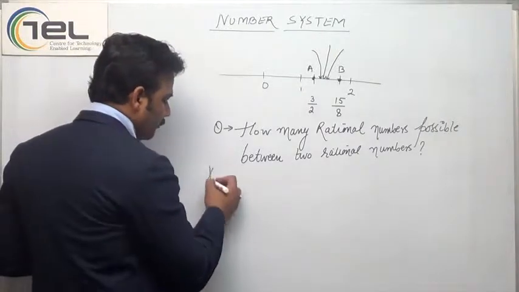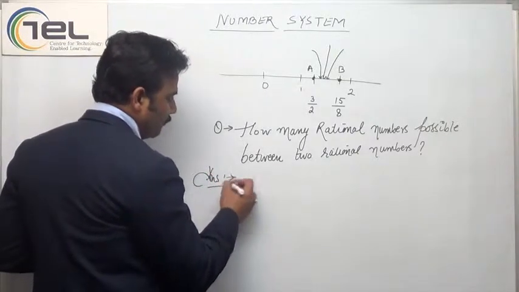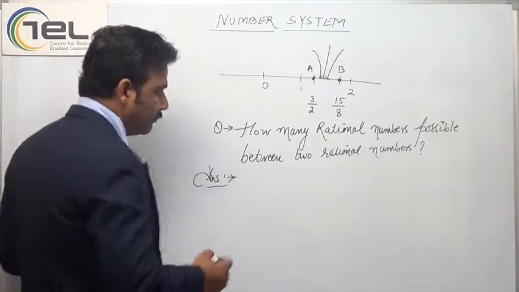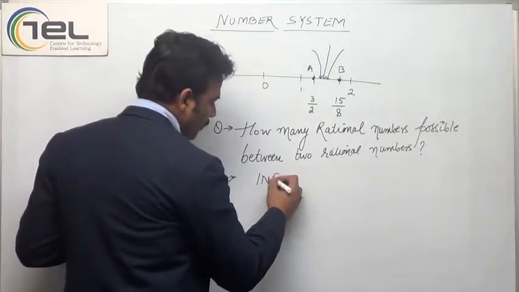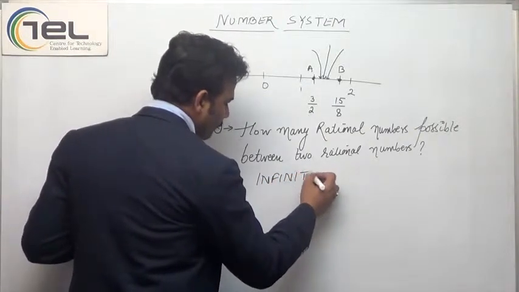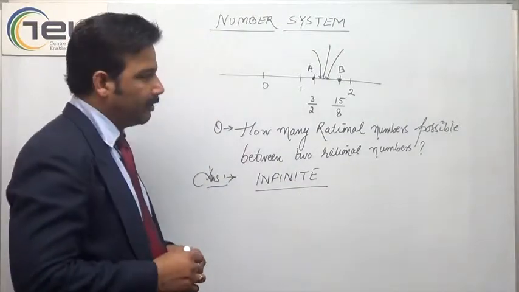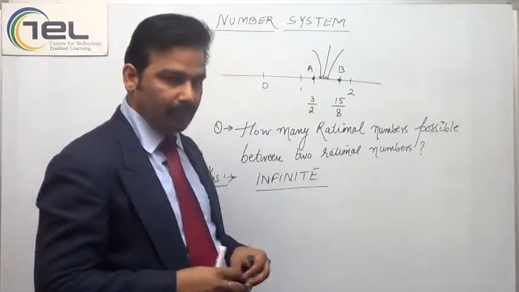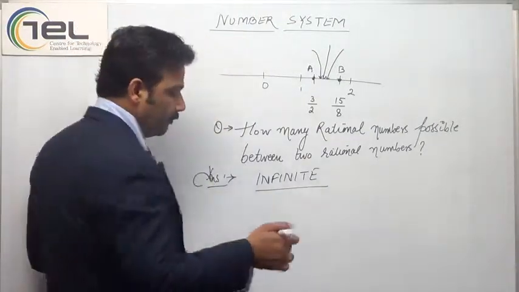The answer is infinite. There is not one number, there is not two numbers, there are infinite numbers.